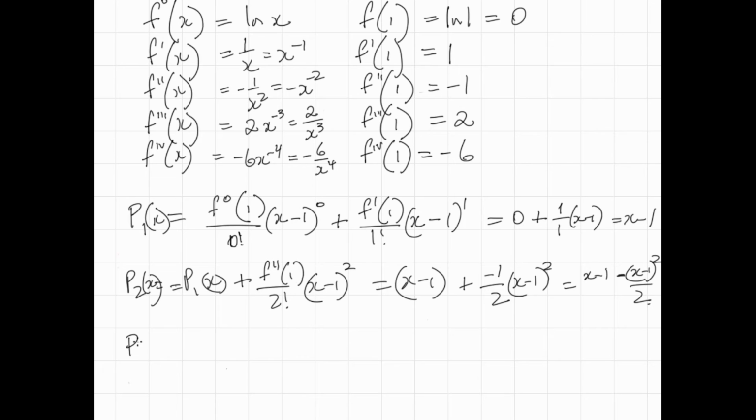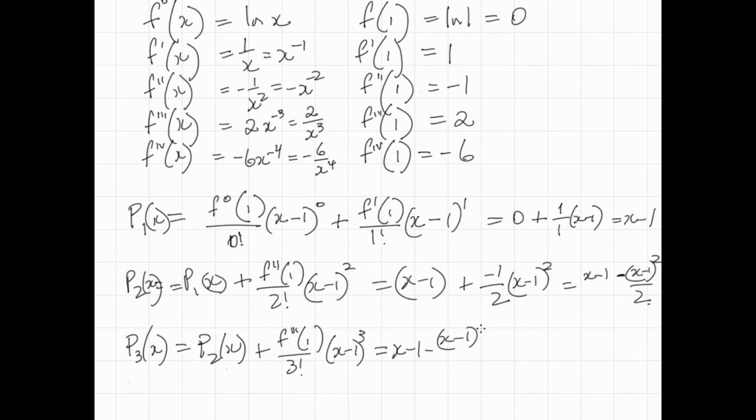So P third order will be equal to the second order plus the next one, which will be f triple dash 1 over 3 factorial x minus 1 cubed. So that'll be equal to the second order, which is x minus 1 minus x minus 1 squared on 2 plus, now what is the third derivative with 1 in? It'll be equal to 2.